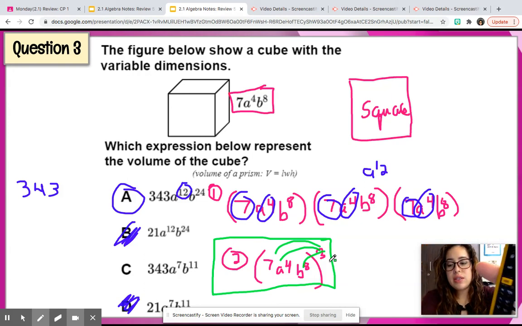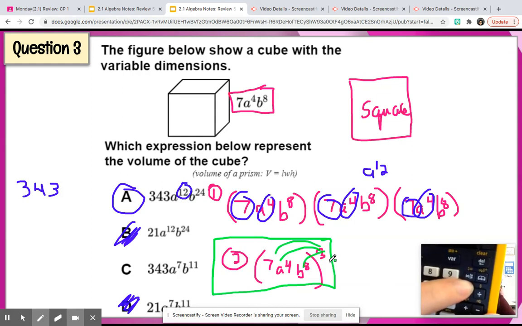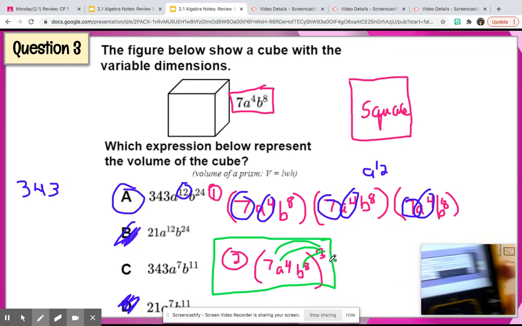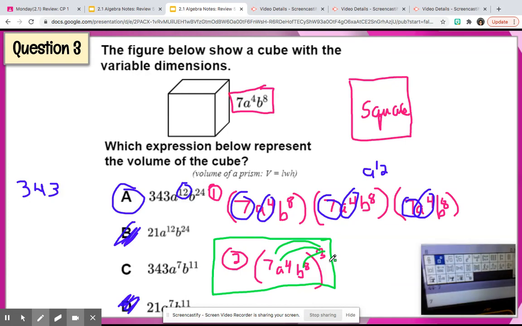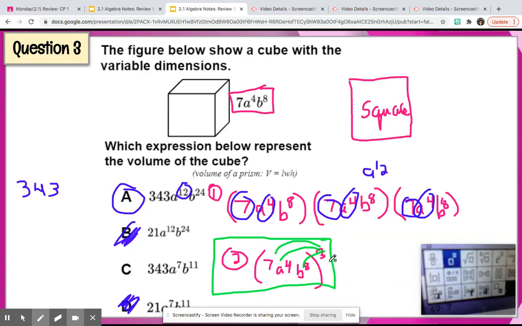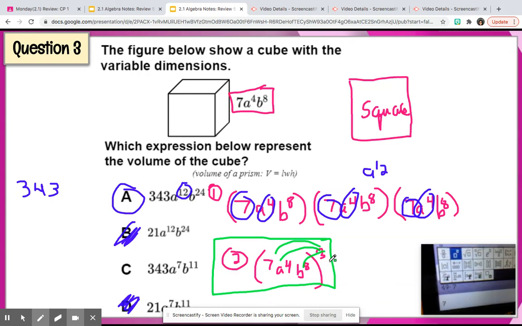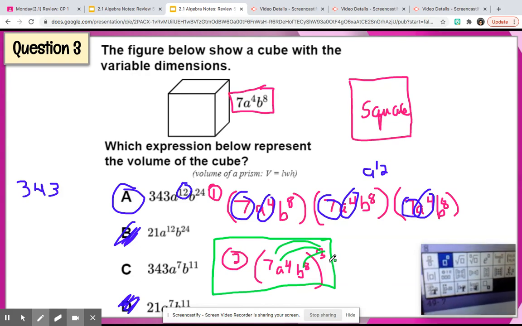So here is a neat tool that I like to use. I'm pointing at it. It's next to the 9. I'm going to press that tool, and it opens up a list of all these things that we can choose from. But you see that square raised to a little square? That is going to help me turn it into an exponent of any number that I want.